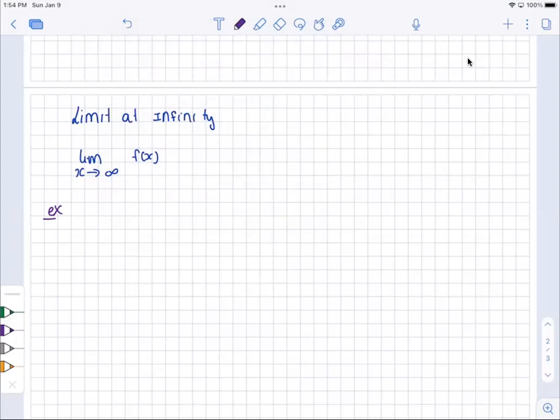let's say you have a power function, the limit as x approaches infinity of, let's say, x to the third. You know that for the function x to the third, the graph looks something like this.